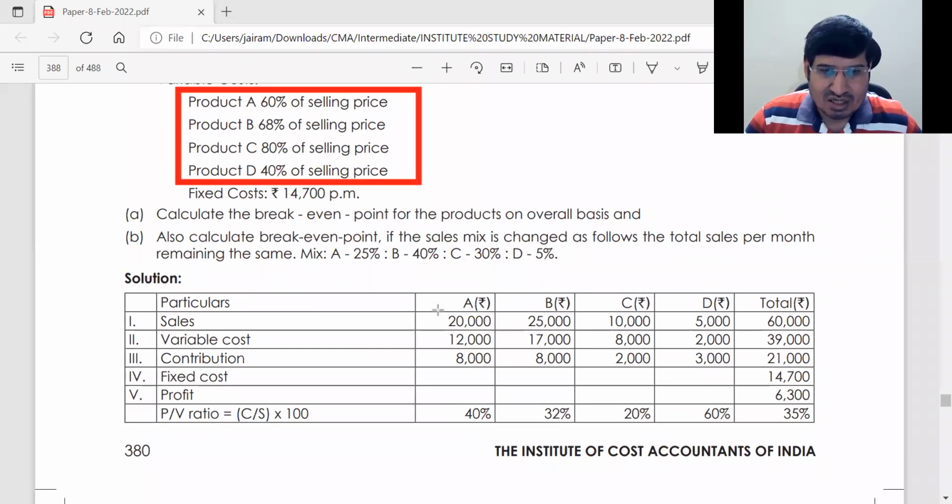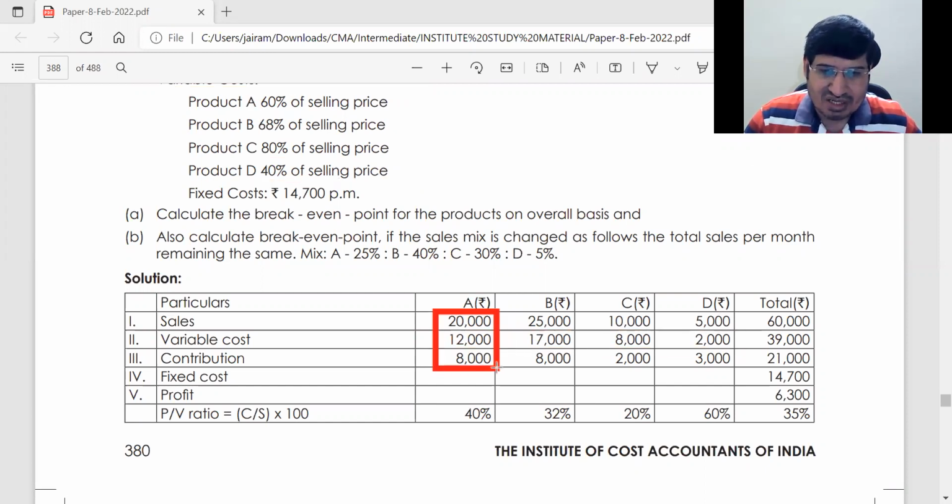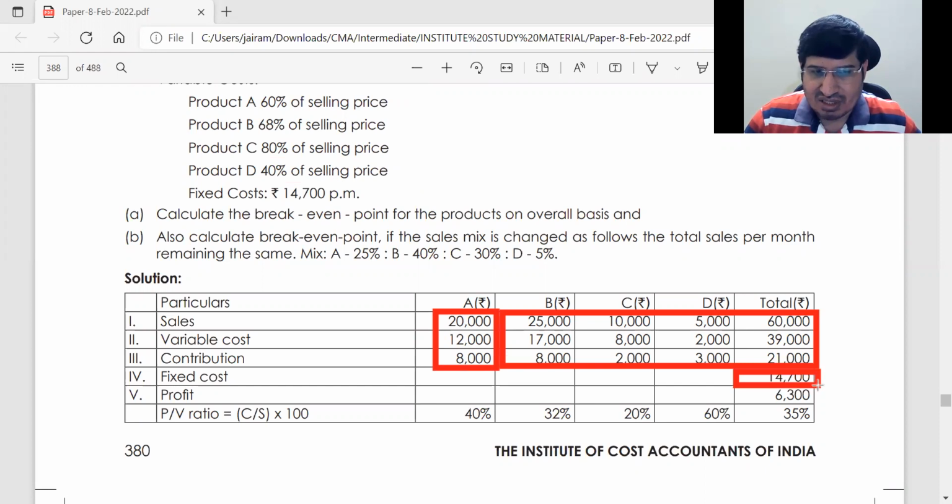Apply this 20,000 into 60% here, it gives you 12,000. These are variable cost percentages, so you won't get contribution directly. These are all variable costs that you will get. Then this minus this will give you 8,000, like this for all, and then this is your total fixed cost. So that's how you get the profit.